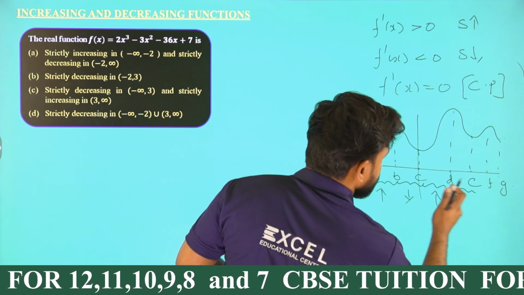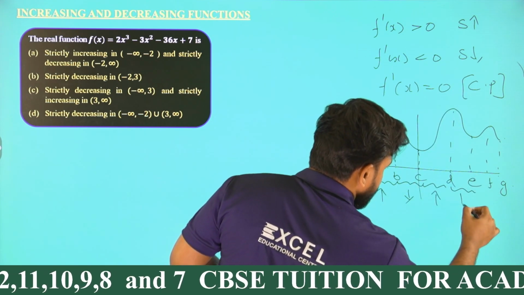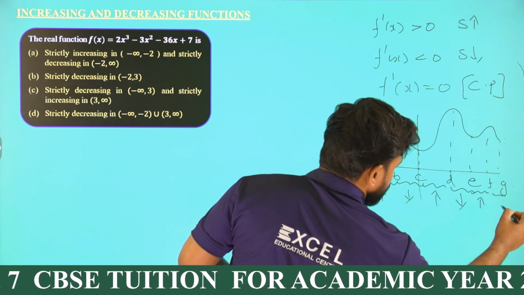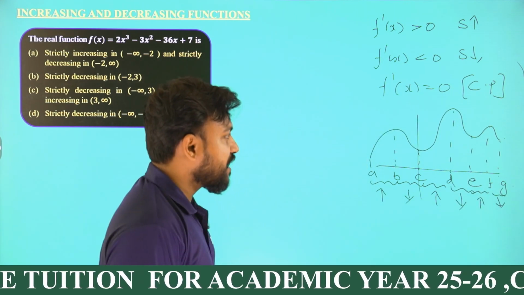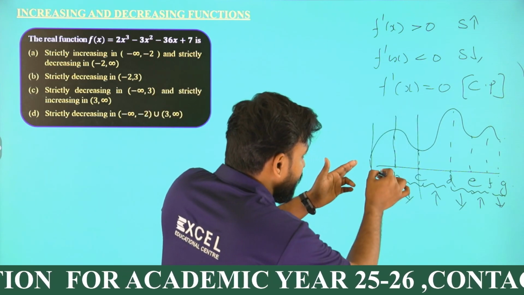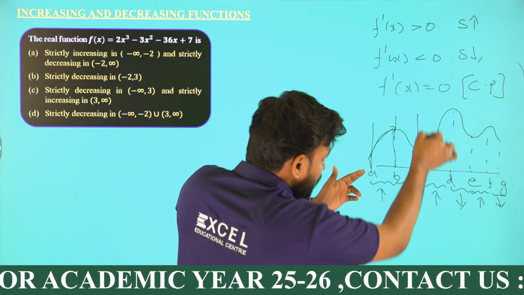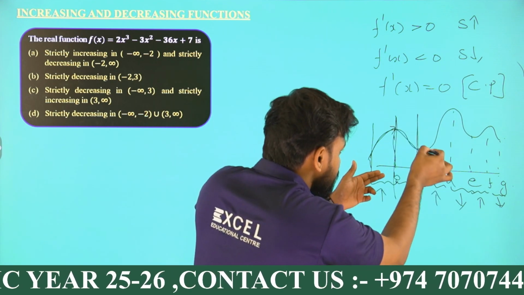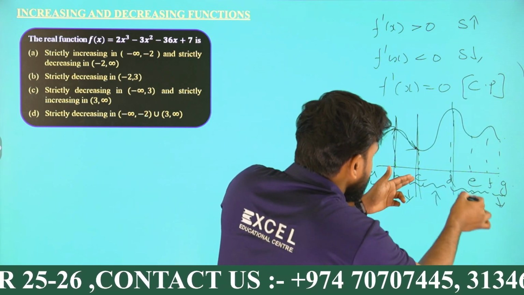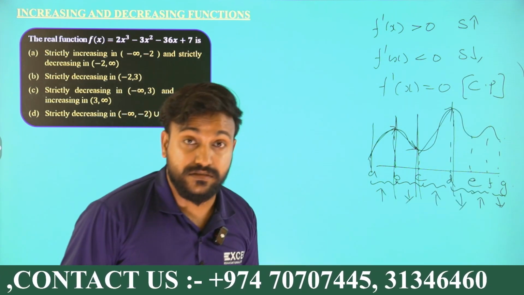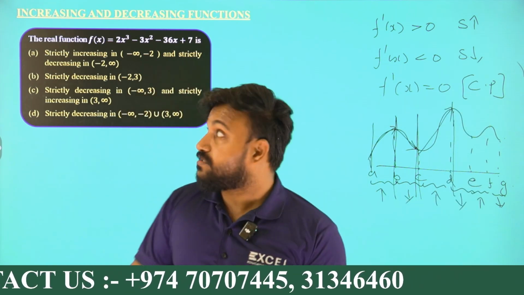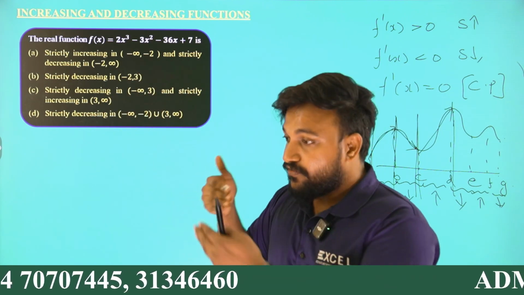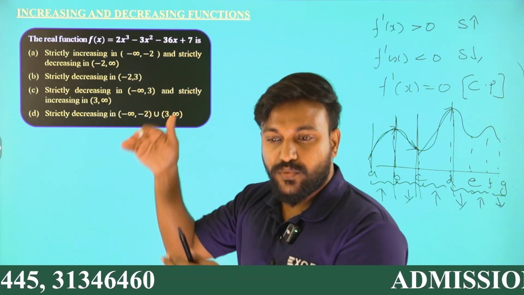D to E, it's again decreasing. E to F, it's increasing. And F to G, it's decreasing. So considering a specific interval, it's increasing; considering another interval, from B to C, it's decreasing. C to D, it's increasing. You can see that, isn't it? So this function is maybe going like this. We need to find from where to where it's increasing, and from where to where it's decreasing.